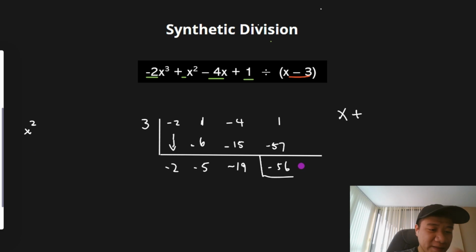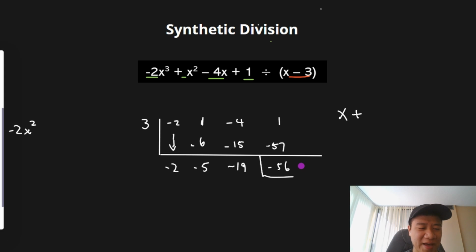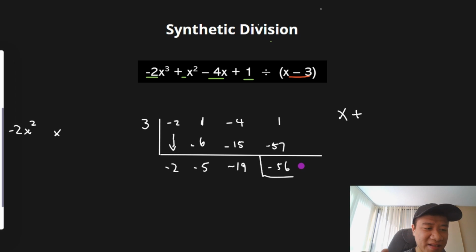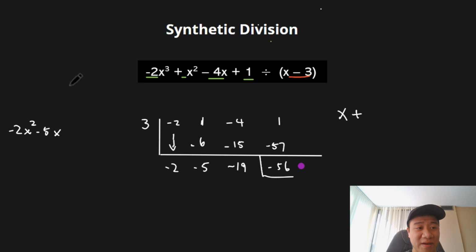So this is going to be negative 2 x squared. Then afterwards, we just work our way down. So the next term is x, right? The one after x squared is x. So we have x. And then since the next number in our answer here is negative 5, that's going to be the coefficient in front of this. So negative 5x. And the last one is negative 19.